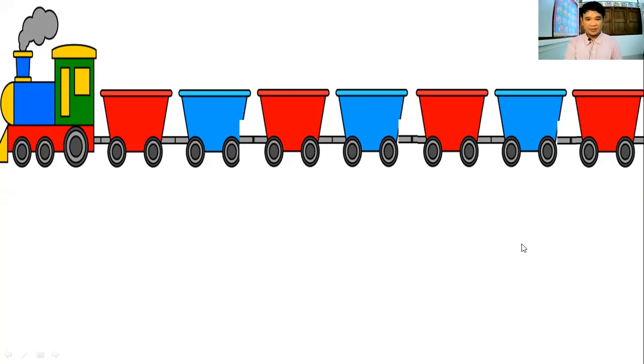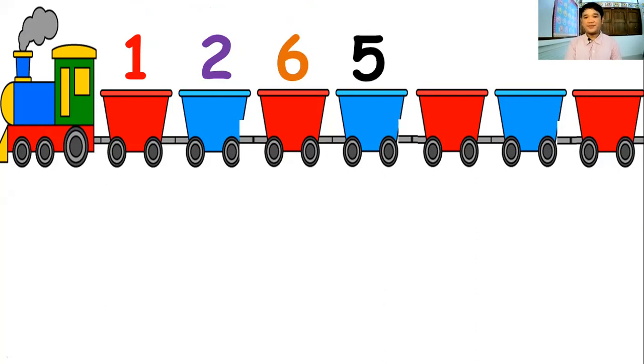We have here 1, 2, 6, 5, 7, 0, and 4. Now, let us order the numbers from smallest to greatest.